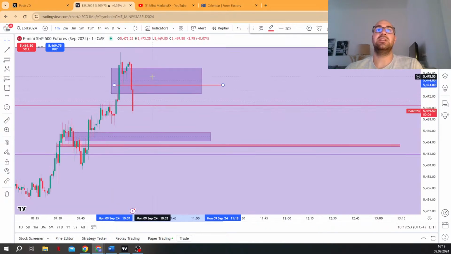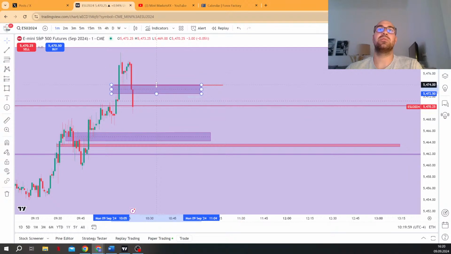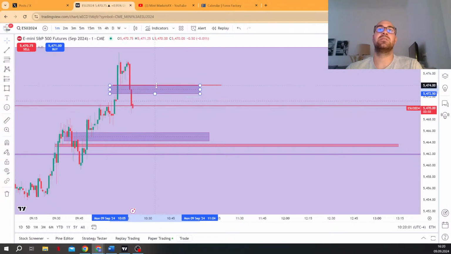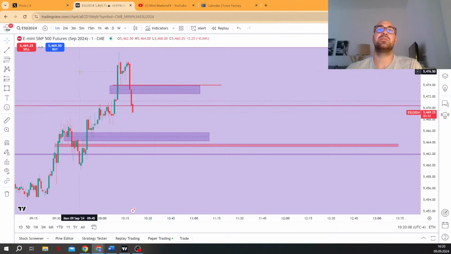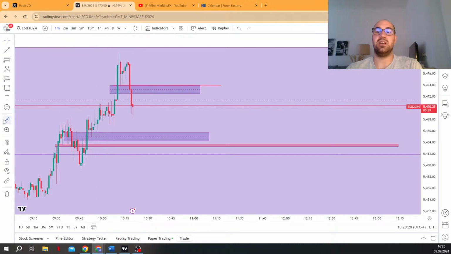Let's see. Actually, what I'm more focused on is this one here now. Potential inversion fair value gap here.